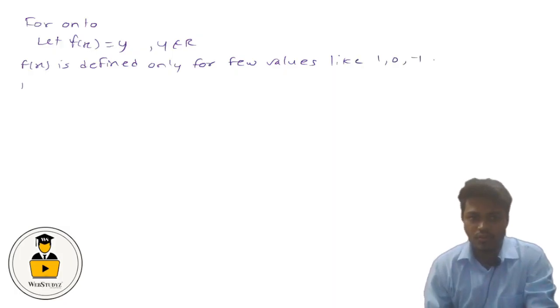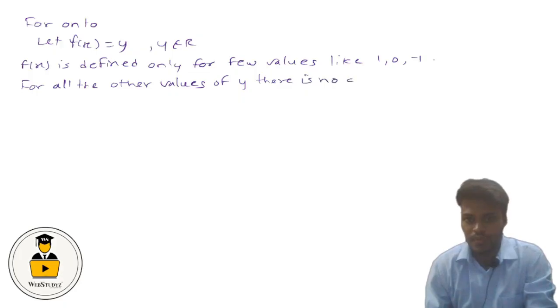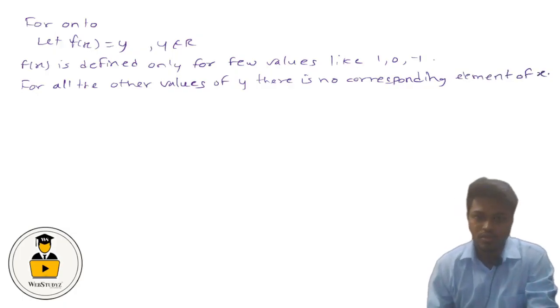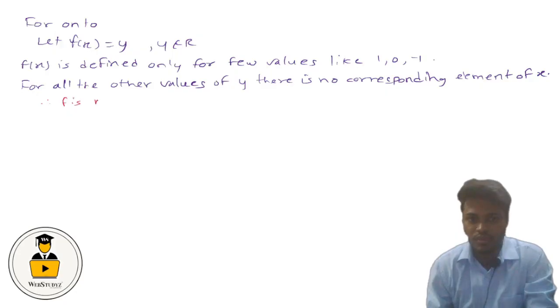So for all the other values of y there is no corresponding element of x. Since there is no corresponding element of x, we can say that f is not an onto function.